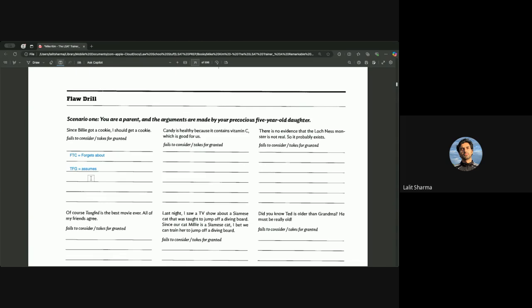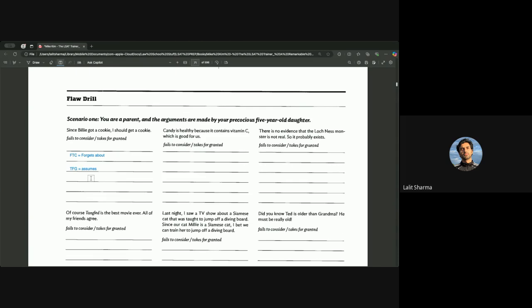Like other factors. Yeah, and actually you came up with one earlier, right? Because you said fails to consider that there may be other players. Exactly. So you actually came up with one. So that's a fails to consider.